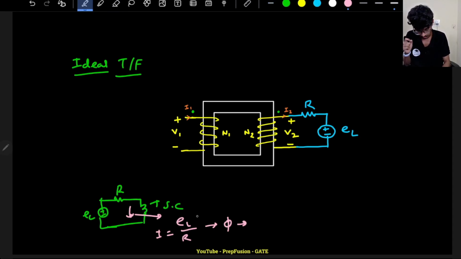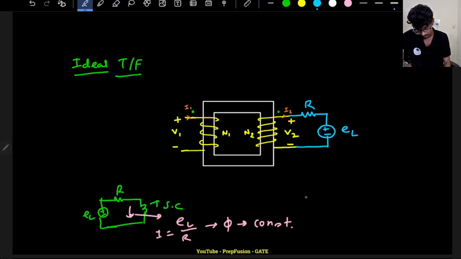So flux is constant, so it is not time varying.